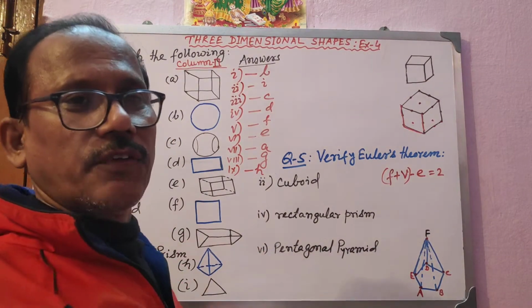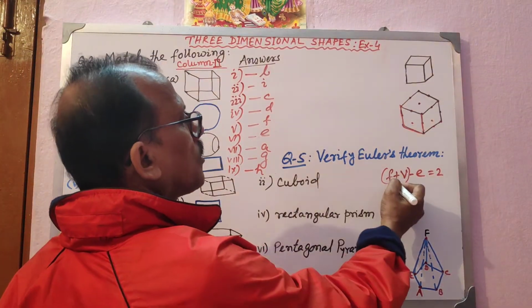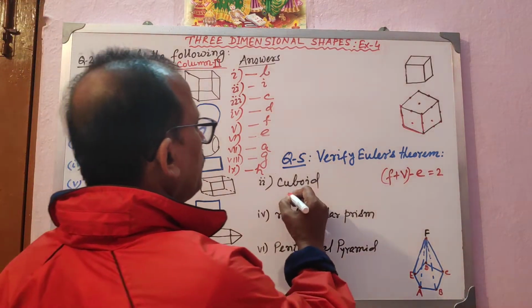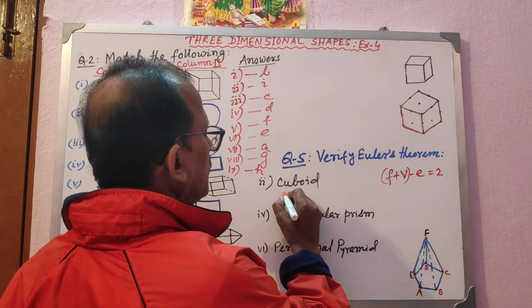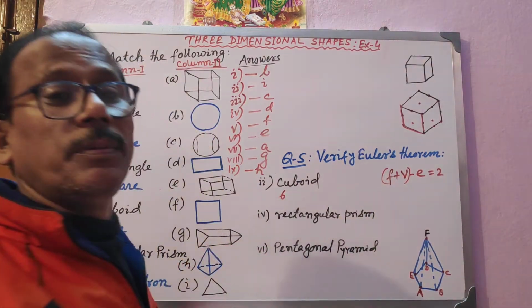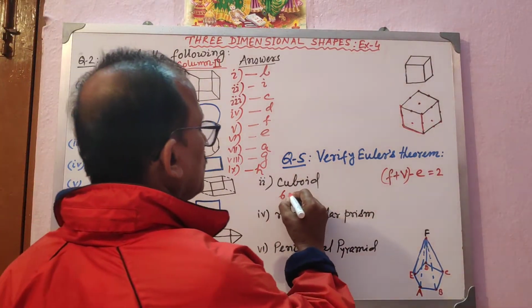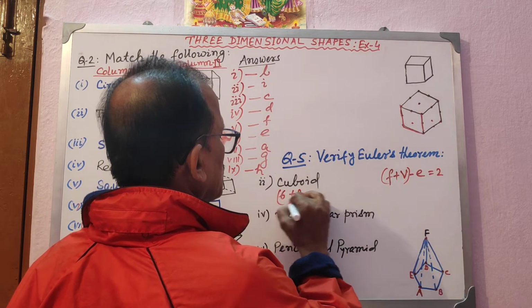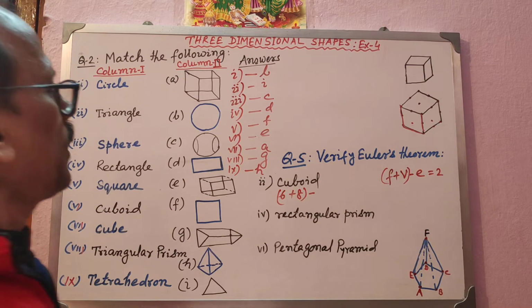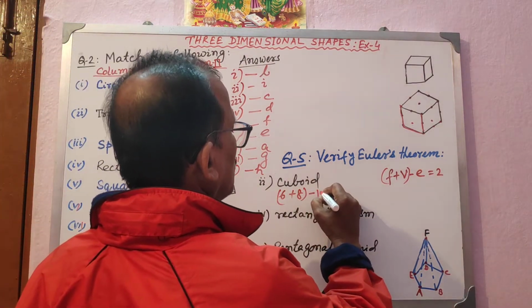So cuboid, how many faces does it have? It will have 6 faces. How many edges? How many vertices? It has got 8 corners, 8 vertices. And how many edges? It will have 12 edges.